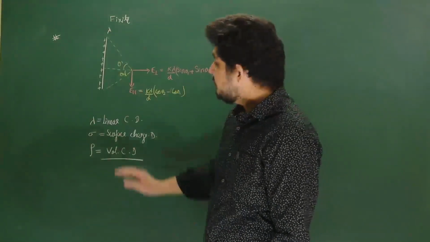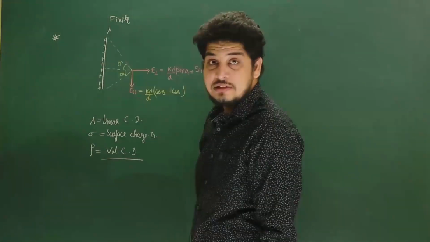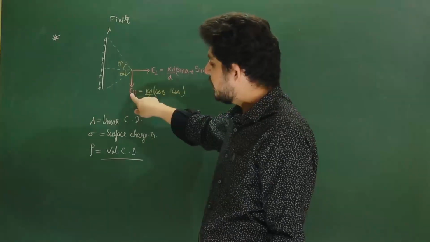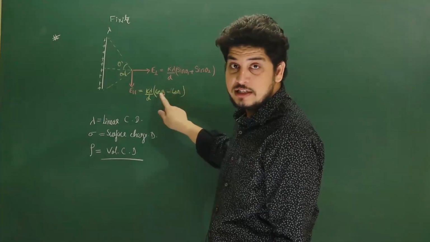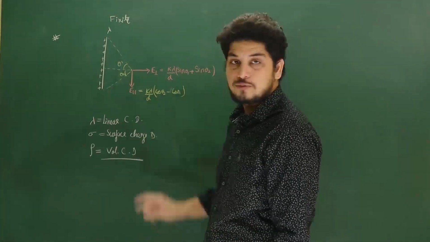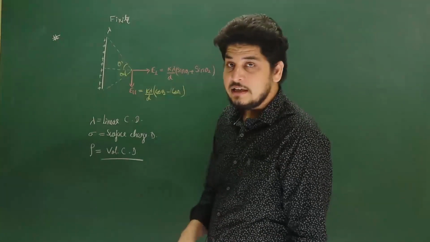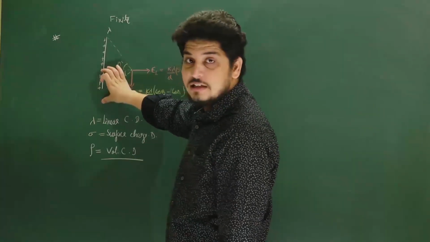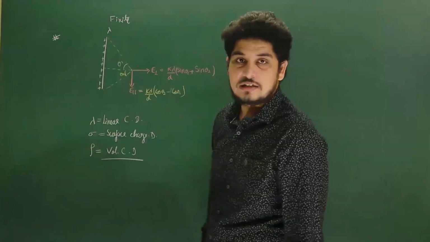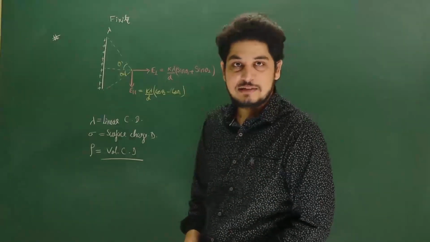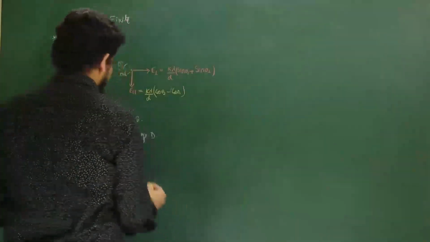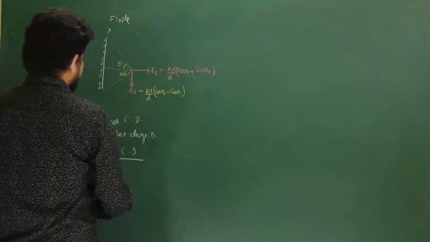If both parts are the same in size, then there will be no parallel part, because both angles will be the same and this complete term will be zero. Similarly, if the lower part is larger, then the electric field will be in the upward direction. I am talking about a positive charge only. Getting my point? So now again we will discuss.